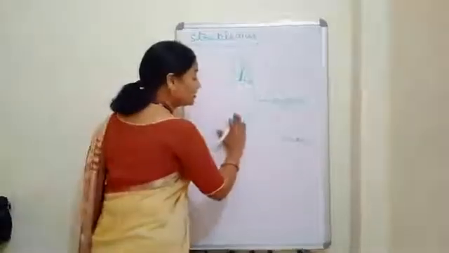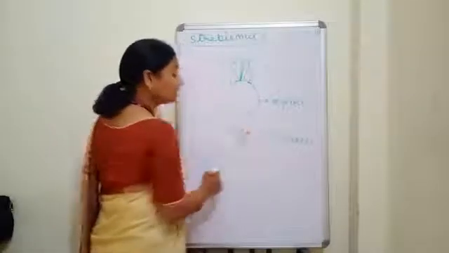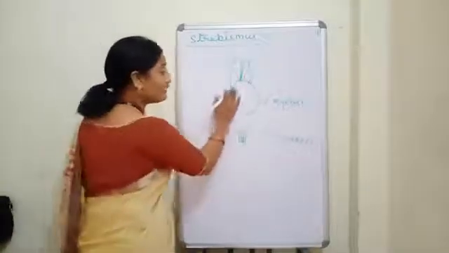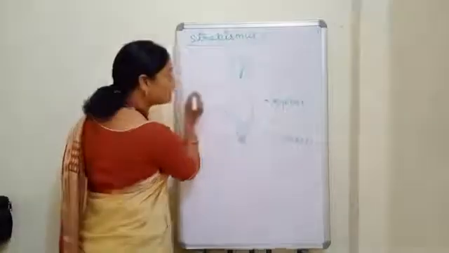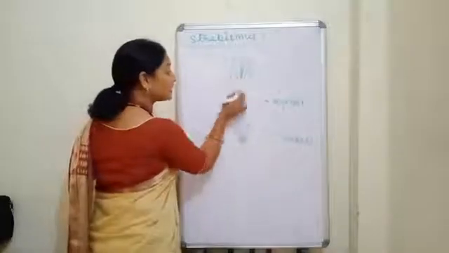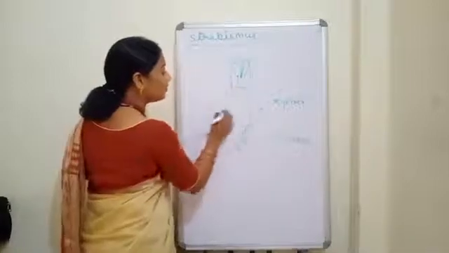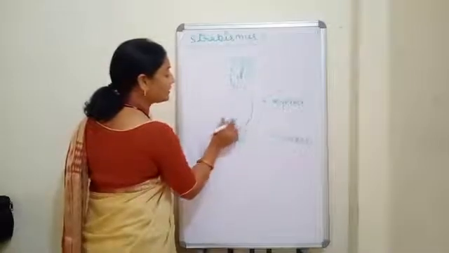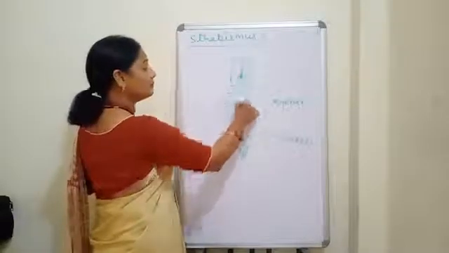Now children, suppose this side of the muscle has become shorter, okay, then what will happen? The eyeball will tilt to this side. This one is okay, but the eyeball has tilted and the cornea has shifted towards this side.